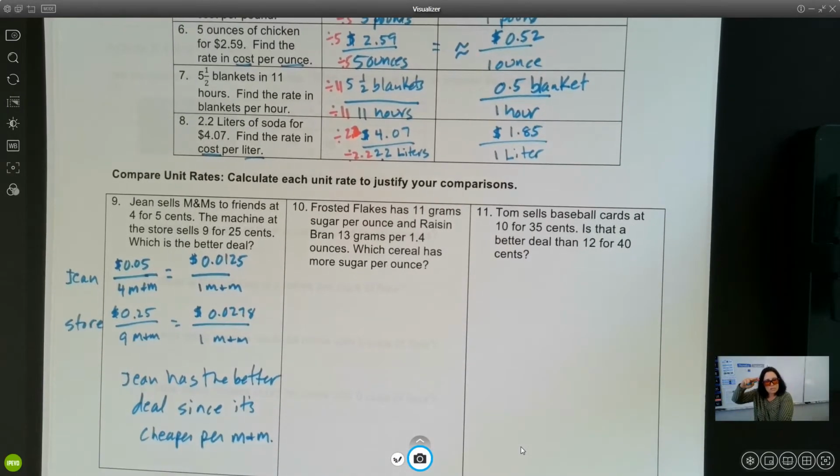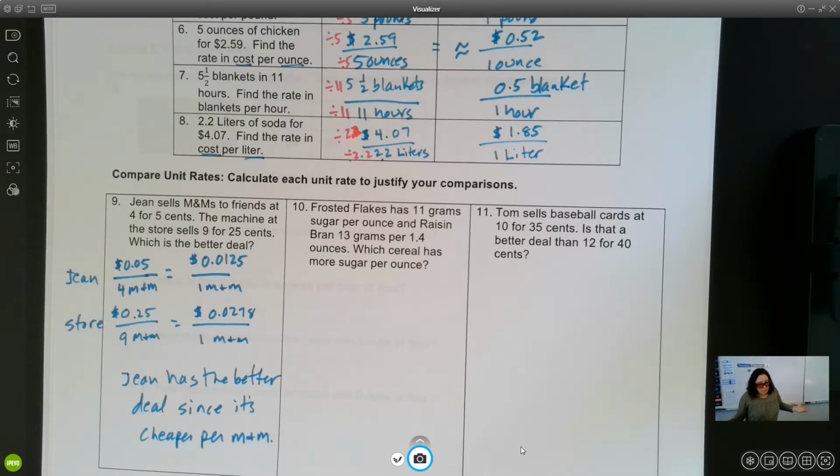If you did the units the other way, you would still say Jean has the better deal, but your since would be you get more M&Ms for your buck. Do you see the difference between the two justifications?